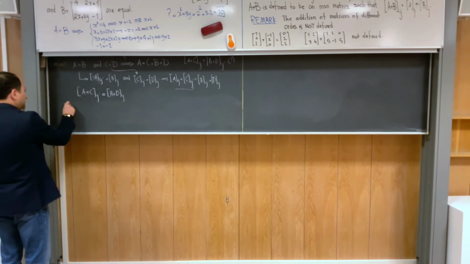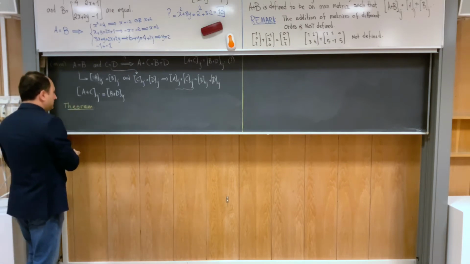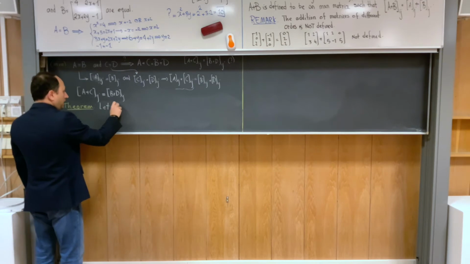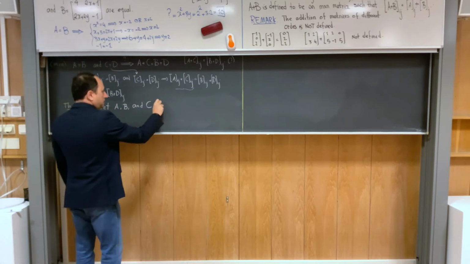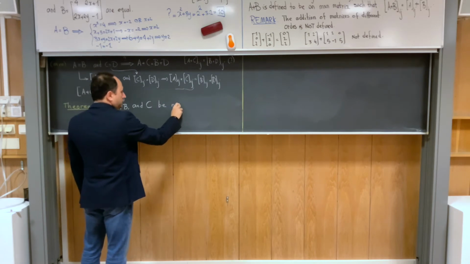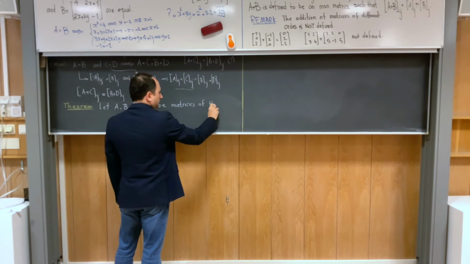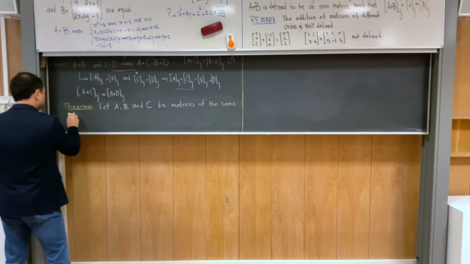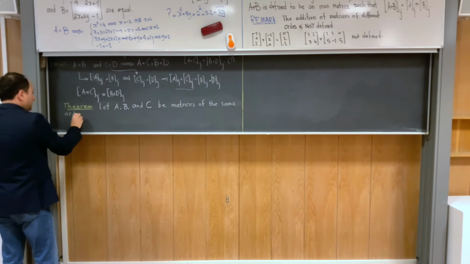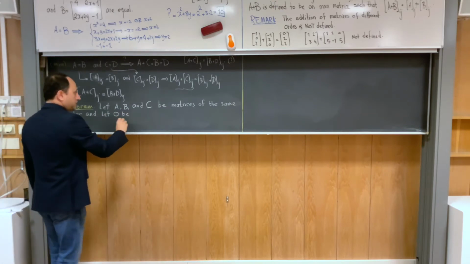So theorem. Let A, B, and C be matrices of the same order, and let O be the zero matrix of that order.